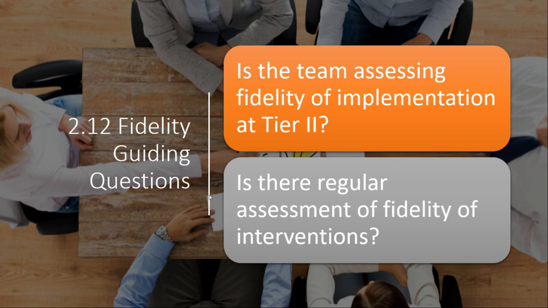And so that data should be tracked, as well as there should be some process where an intervention coordinator or someone from the tier 2 team is going out to observe those interventions taking place and using those checklists to determine if those interventions are being implemented with fidelity, because you can't really track a student's response to an intervention if the team is not tracking their overall tier 2 intervention and how those interventions are being developed and implemented.